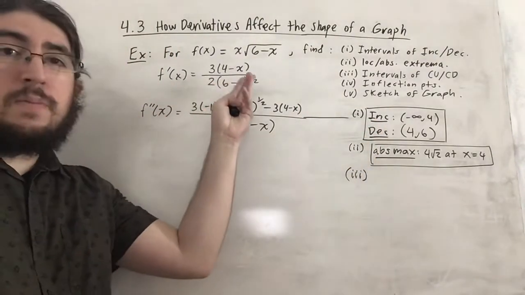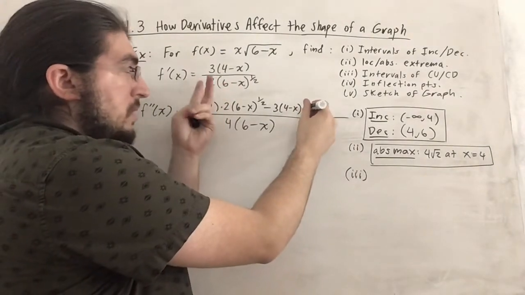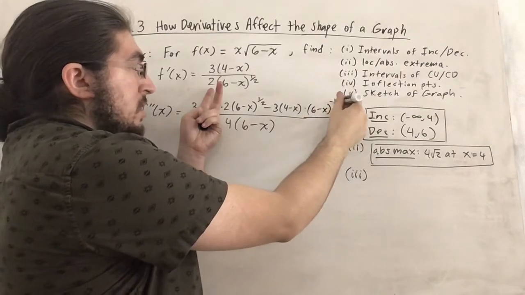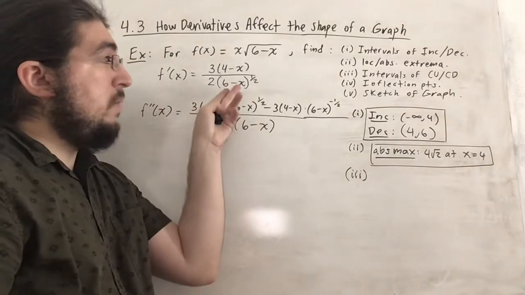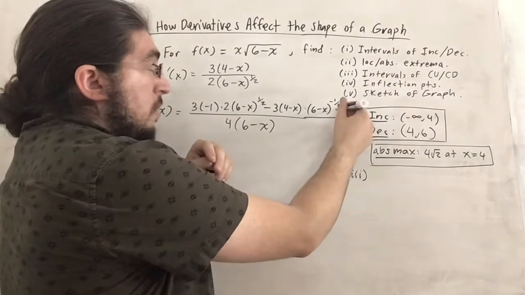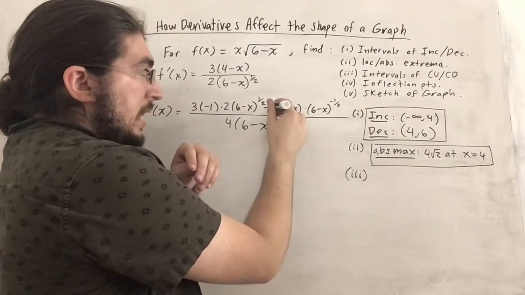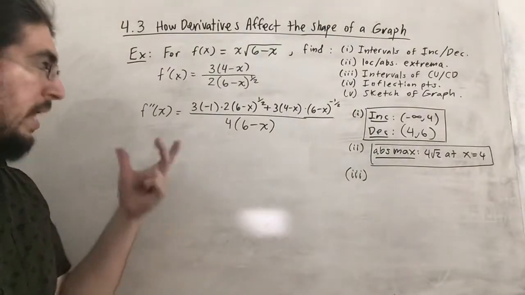Now for the derivative of the bottom, if we bring the 1/2 down using power rule, they cancel with the 2 here. So we end up getting 6 minus x to the negative 1/2 power, but then by the chain rule, we have to multiply by the derivative of the inside, which is -1. But the -1, I'm not going to write it because it's just going to cancel this sign and make it positive. Whew, nice. So we have this, good.